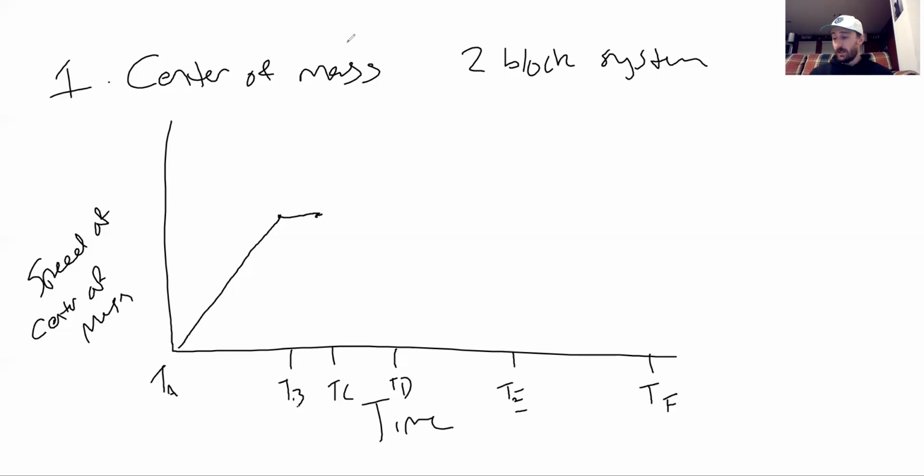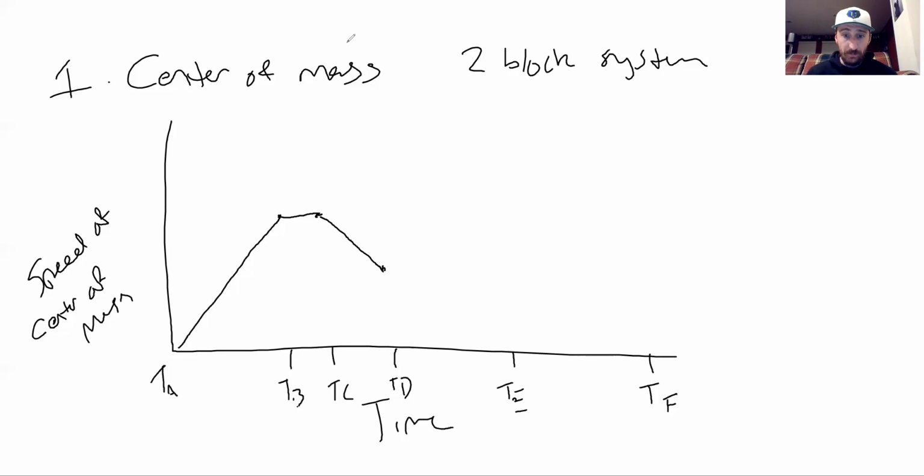Now, the key here is it's not going to stop because we know that it's going to hit block 2. So eventually it has to hit block 2, so it has to have some velocity after it leaves point D. So therefore, I can't make this line go all the way to 0 because then it would stop and never reach block 2, which we know it does. So again, just pick another point somewhere down here and draw it right there.